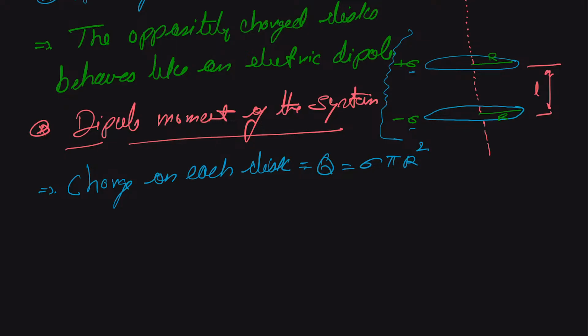Based on this, the distance between these two disks is given as L, and like I said, these disks can be treated like a dipole.